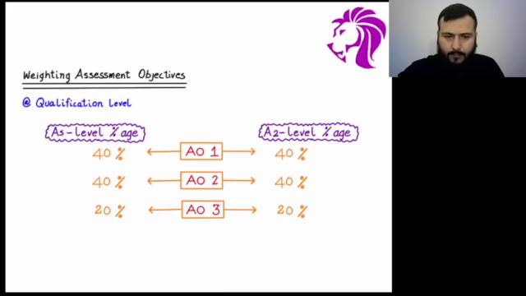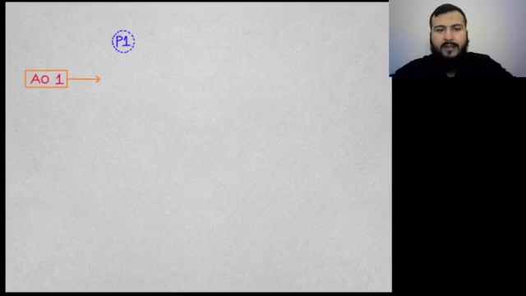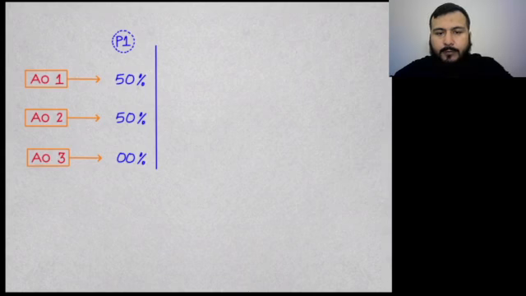I understood, yeah. Now, at the component level, how much is each of these objectives going to contribute to each paper that you are going to attempt? You should have an idea how much knowledge you should have, and how much information handling skills.